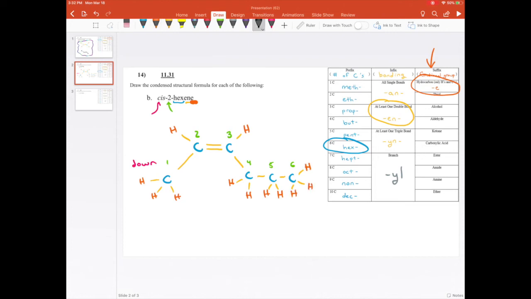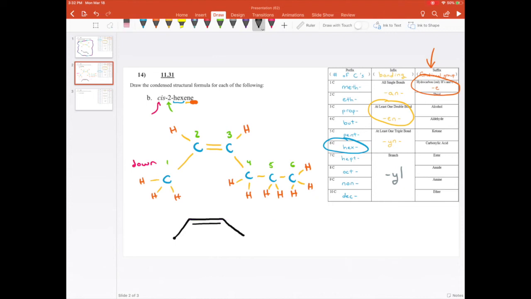To do that, draw a dot for your first carbon. You go up, over, you have the double bond, you go back down. It has to be like that because it's cis. You can't just do a regular zigzag. Both of the carbon chains coming off of that double bond have to be on the same side of the double bond.